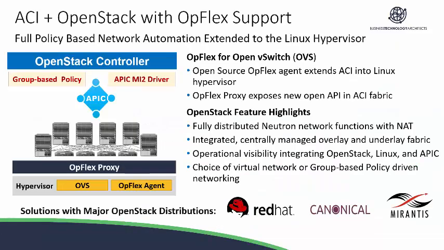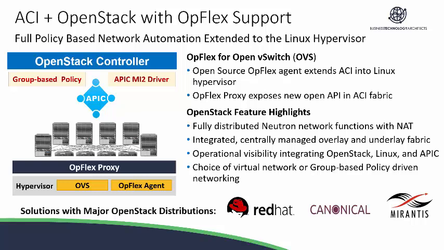Integration with OpenStack. So OpenStack and ACI. OpenStack defines a flexible software architecture for creating cloud computing environments. The reference software-based implementation of OpenStack allows for multiple layer 2 transports, including VXLAN, GRE, and VLAN. So this being Red Hat, you have the OpFlex for the Open vSwitch.